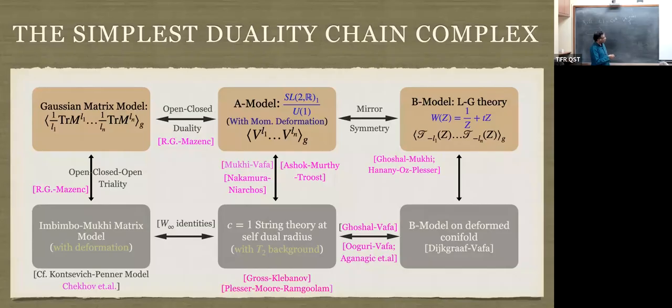In this thing, I should say one thing that will be there is this so-called cosmological constant in the c equal to 1 string theory, which was related to how you take the scaling limit to the Fermi surface. So that plays the role of the genus expansion parameter. Here we will have the genus expansion parameter as n. It's uncomplexified. The n will be related to that mu, or the cosmological constant, by a sort of complexification.